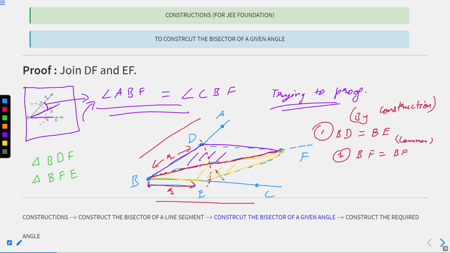Now, in the progress of our construction, we took E as our center and took a radius more than half of ED, and marked an arc like this.